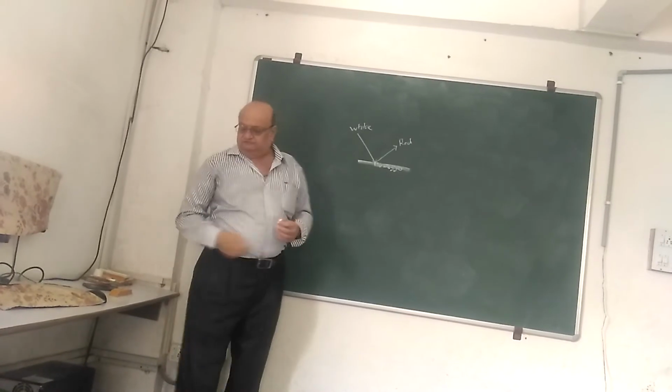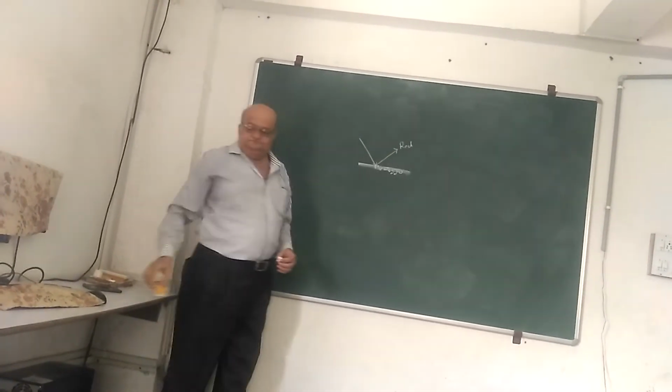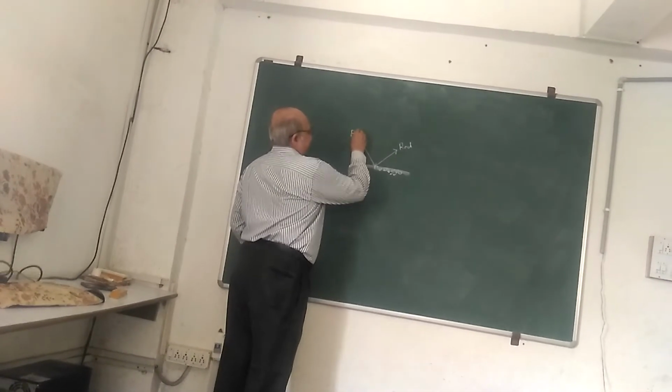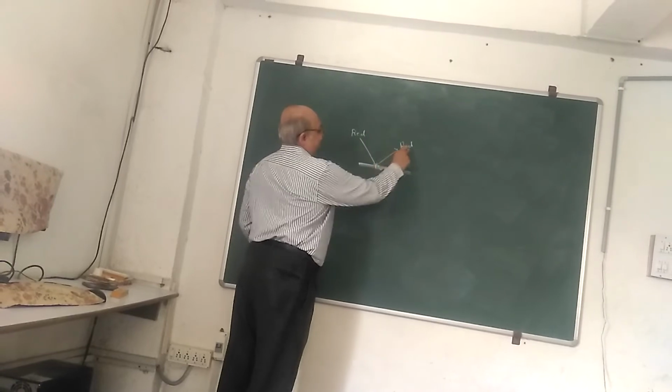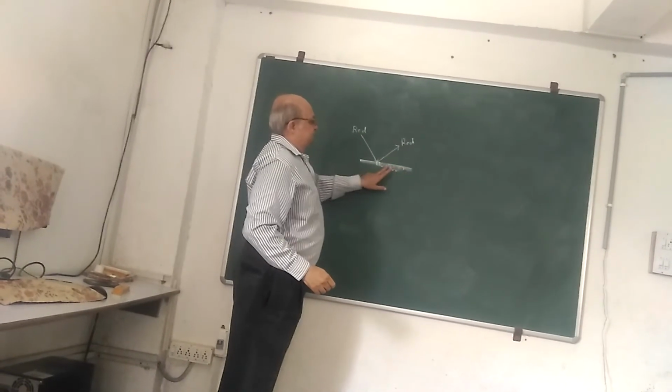However, instead of white, let us say we make incident a red light, then the entire red light will be reflected back, there will be no absorption.